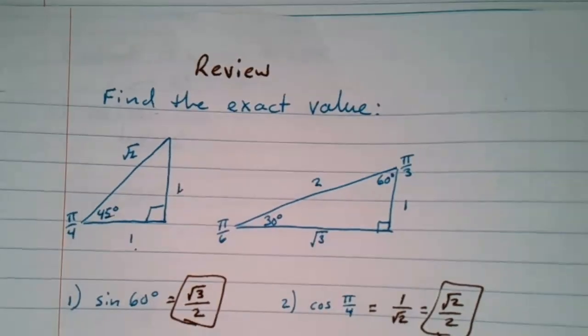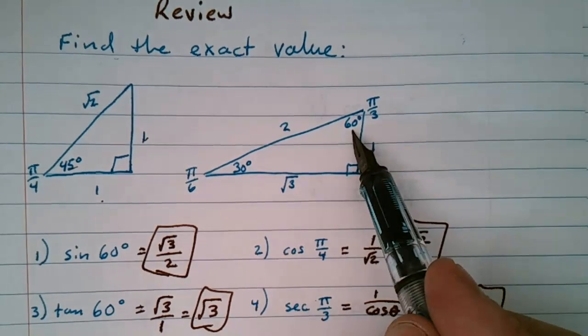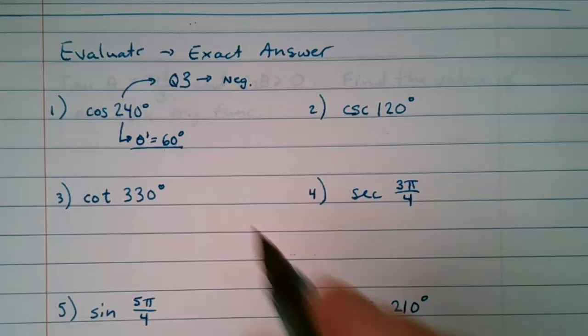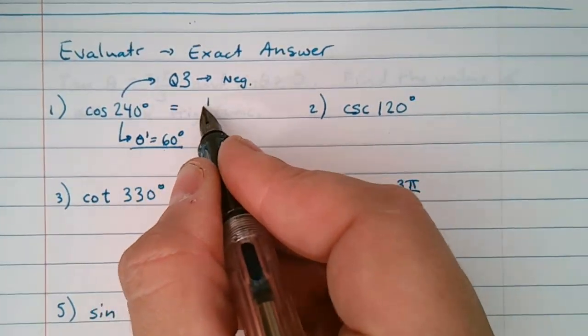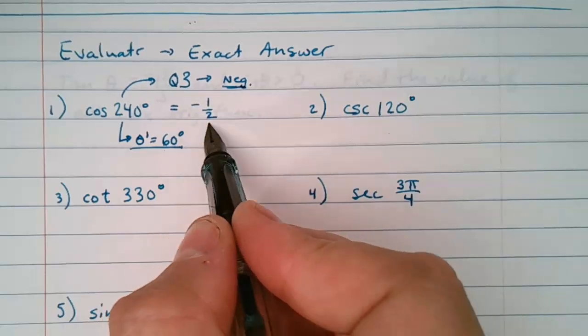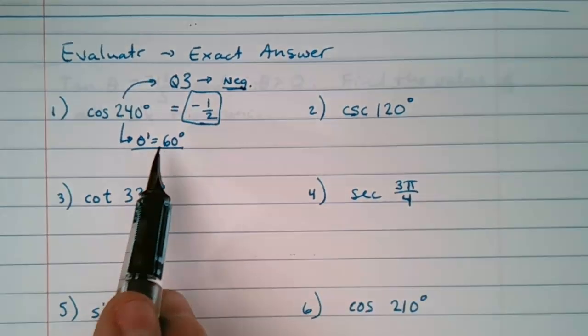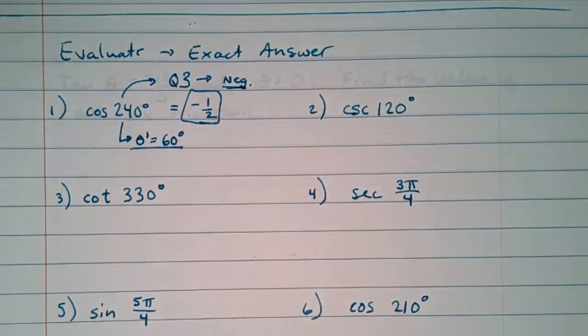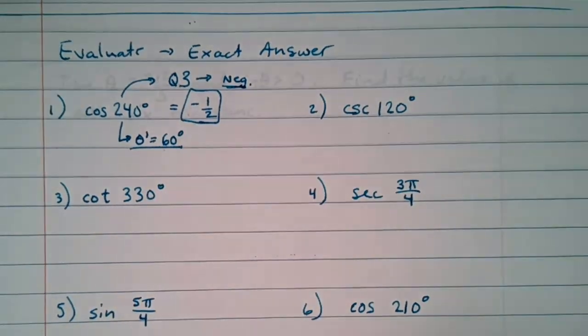So cosine of 60 is what? Adjacent over hypotenuse. This is equal to 1/2, and it's negative because it's in quadrant 3. So you got to figure out your reference angle, you got to figure out your quadrant, and then you put those two together to find your answer. Cool.